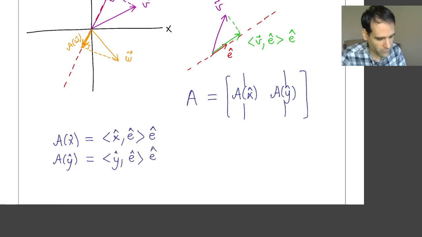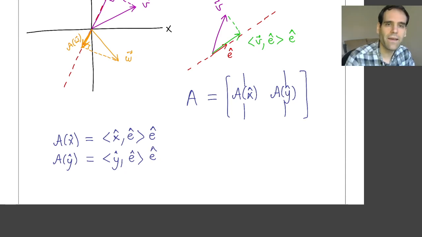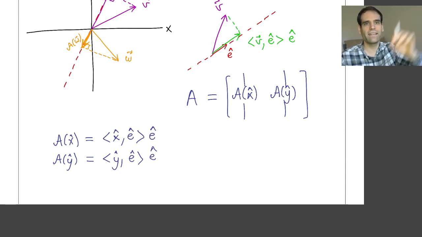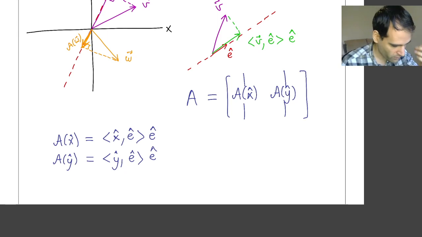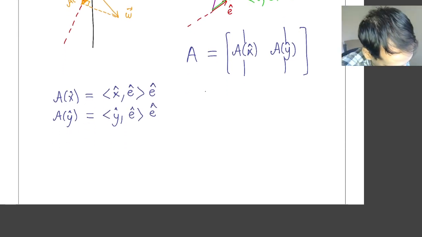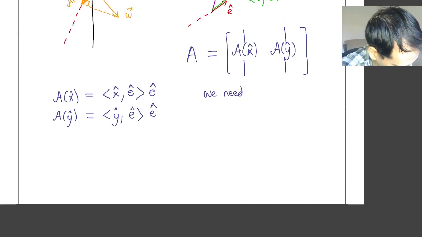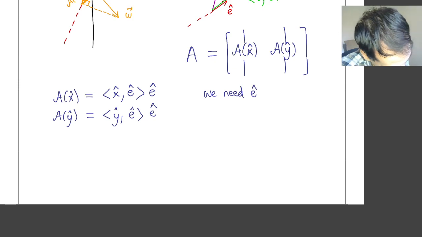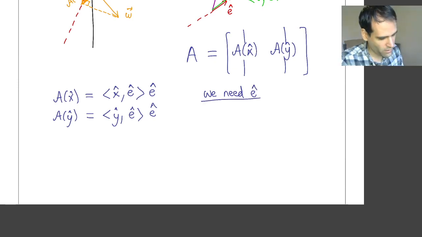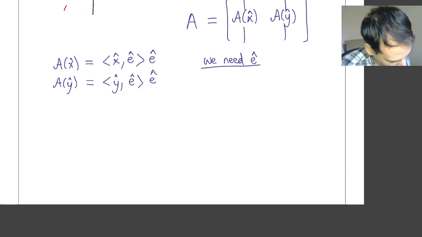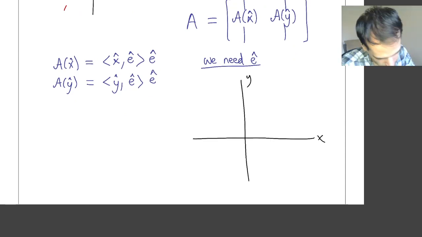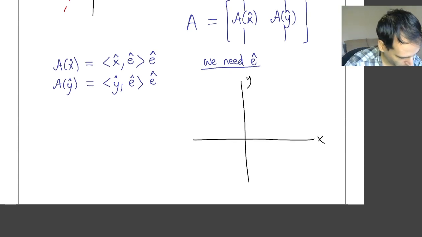The only thing we're missing is finding e hat, the unit vector in the direction of the line that we want to project onto. So we need e hat. How do we find e hat? Let's imagine we have our x and y axis, and we have our line y equals mx.